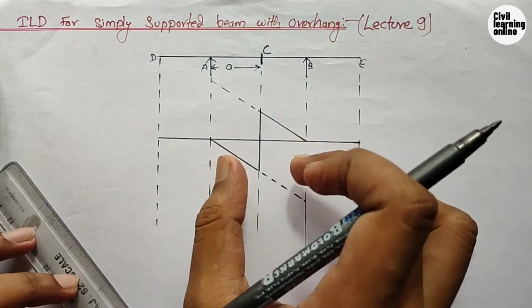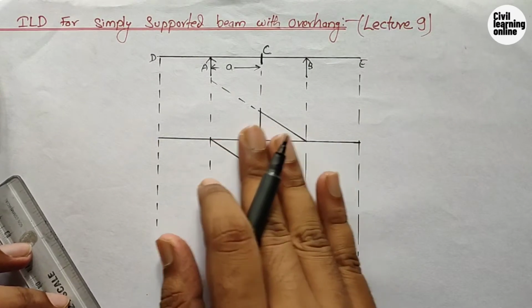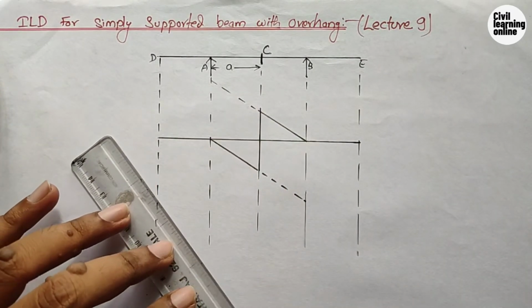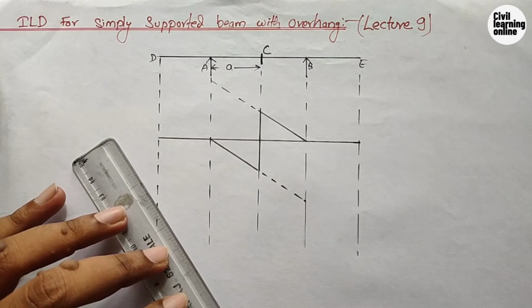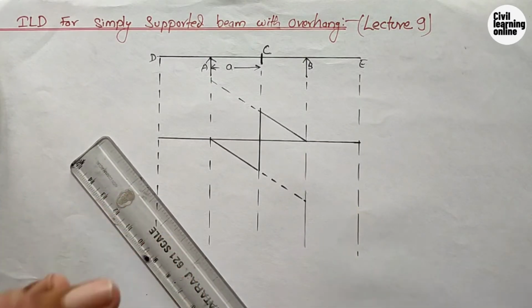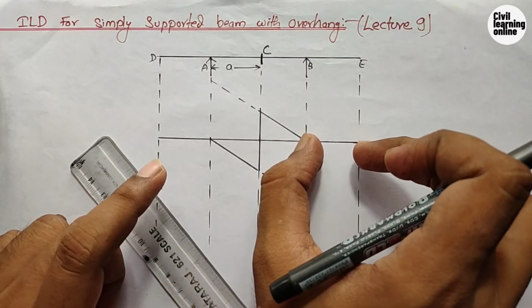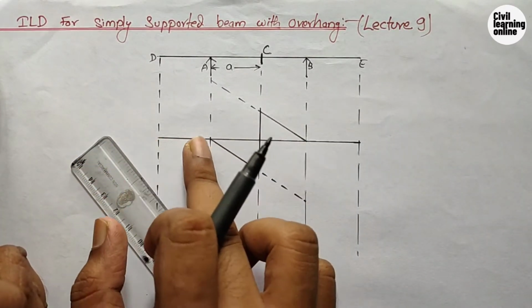I have discussed this concept in the previous lectures. You can watch them; you will find a separate playlist as well as the link in the description. And now here I will be discussing the influence line diagram for the overhanging portions, meaning DE and AD.